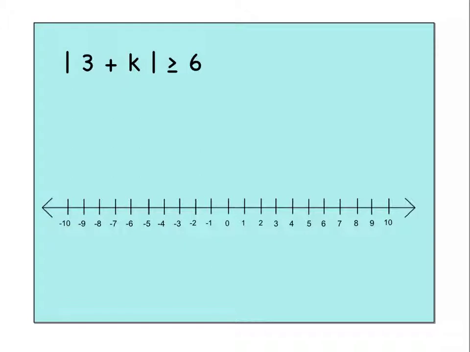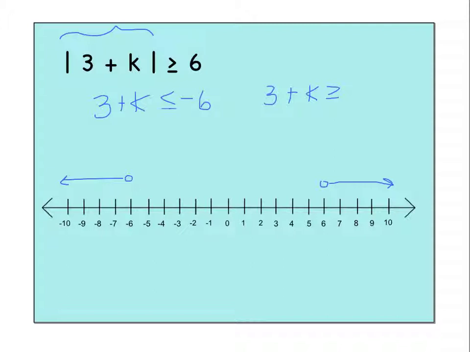Here, we want to set up the initial problem, which means that statement has to be further away from 0 than 6, so it could either be there or it could be here. And then you go through and you have to solve. So when you solve, you're going to set up this 3 plus k being less than negative 6, and this 3 plus k being greater than or equal to, sorry, less than or equal to 6.